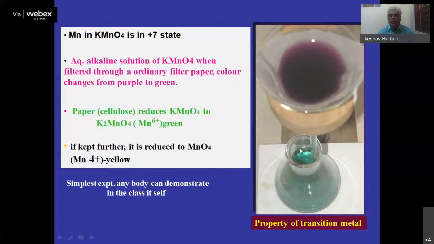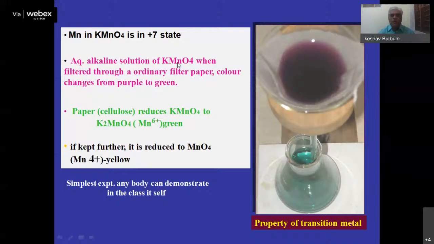All +6 compounds of Mn are green in color. Very rarely do we see Mn compounds in the +6 state in the lab with the green color. And if we keep this green solution for some more time, it becomes yellow, and at one stage it becomes colorless.